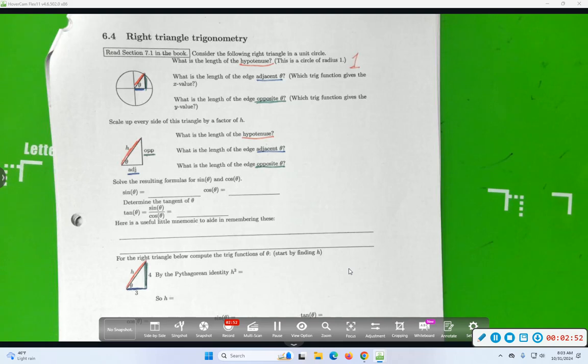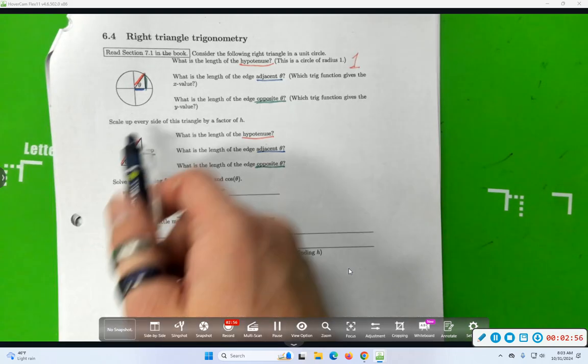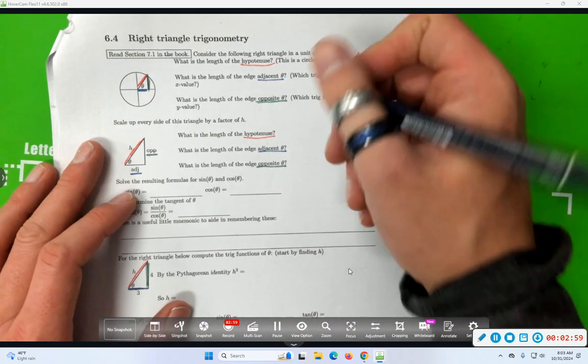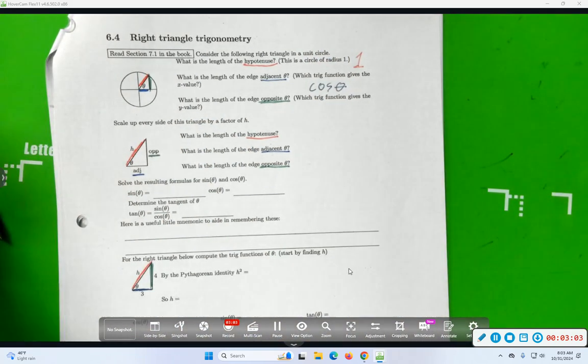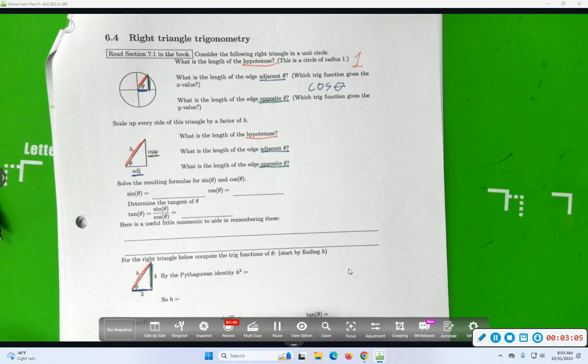Cosine theta? Nice. So this edge adjacent to theta has length cosine theta. The edge opposite? Sine, right? That vertical edge is exactly the y value.